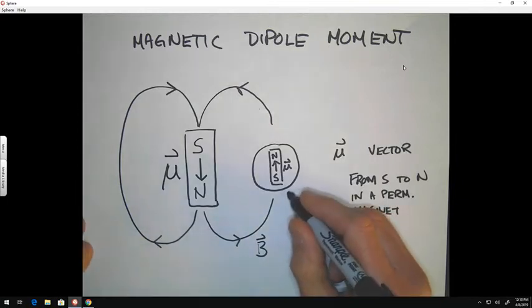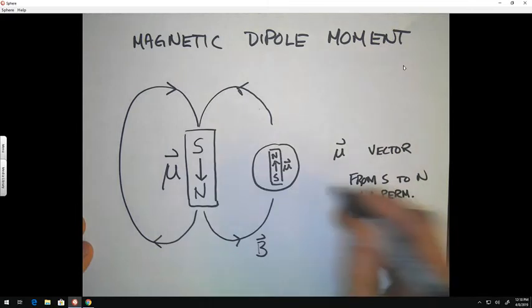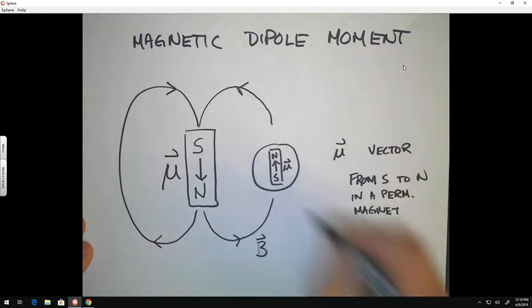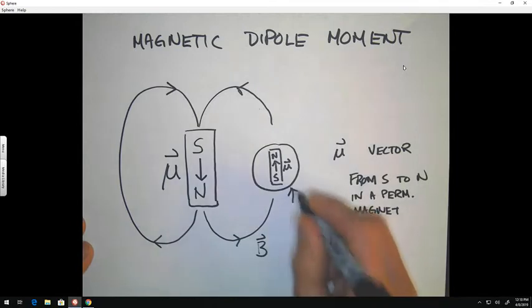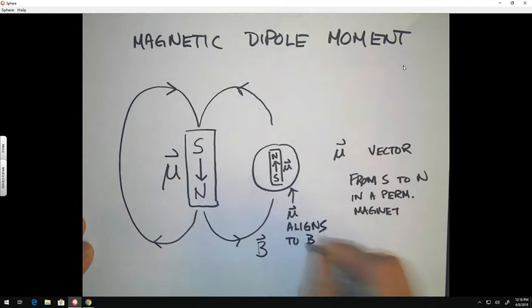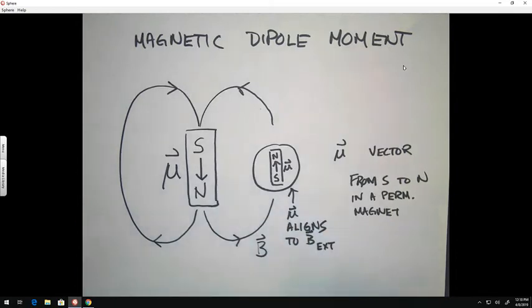And that's why the compass needle kind of snaps into place. What's happening here is that the dipole vector of the compass is trying to align to the external magnetic field. And that's why compass needles always point north: they're basically trying to align, and there's a torque that acts on them.